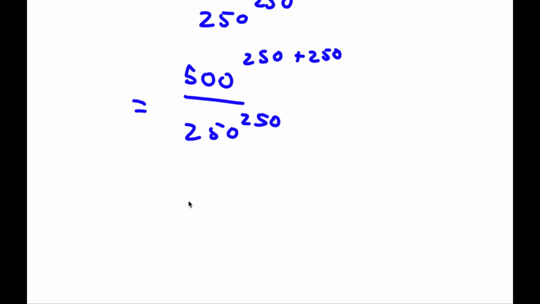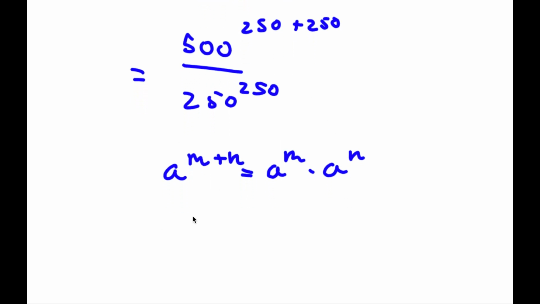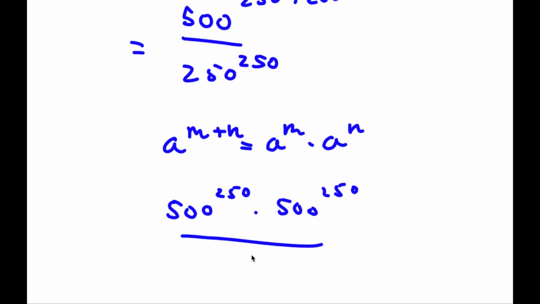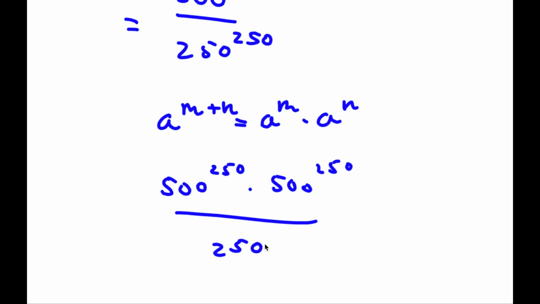Now, if I have something in the form a to the power of m plus n, this is equal to a to the power of m times a to the power of n. So in this case, 500 to the power of 250 plus 250, this is equal to 500 to the power of 250 times 500 to the power of 250 over 250 to the power of 250.